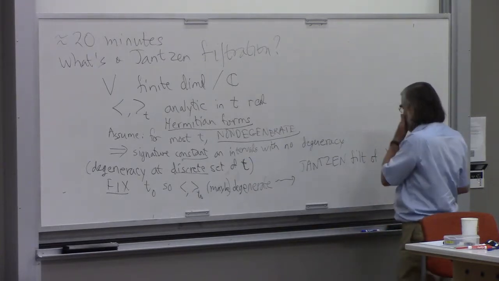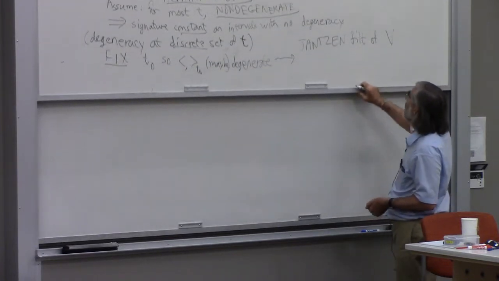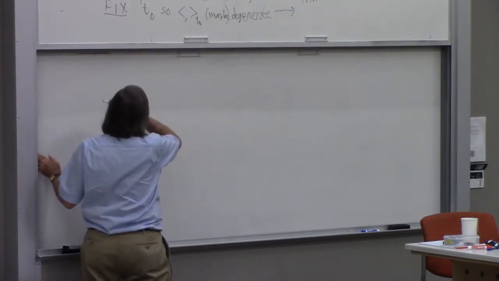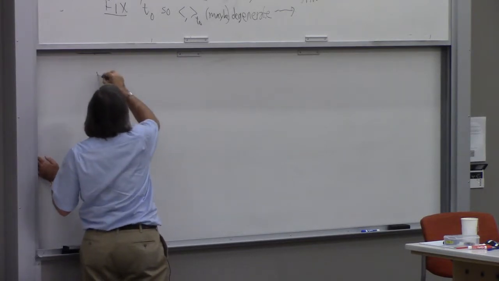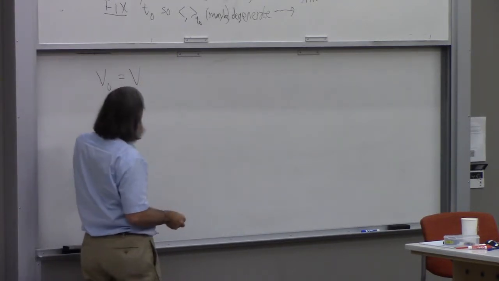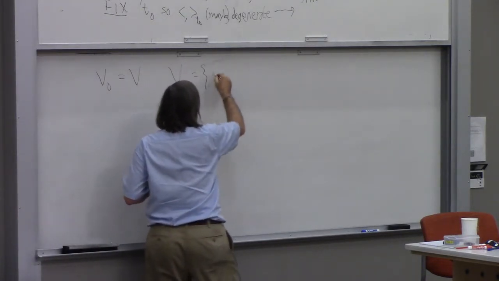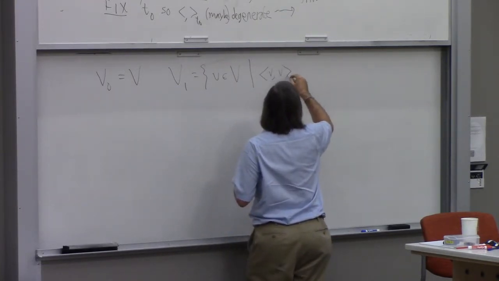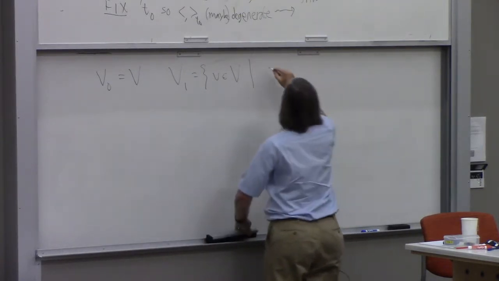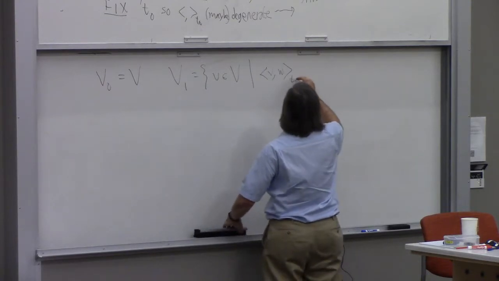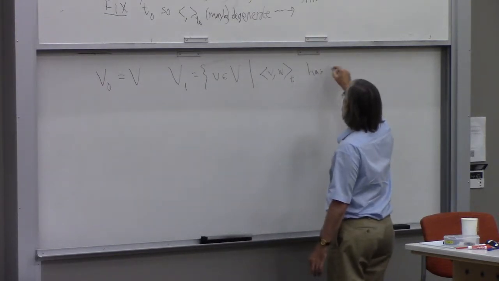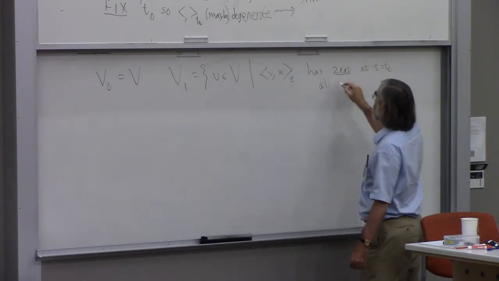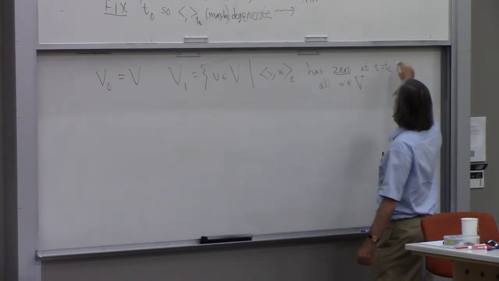Well, it's a filtration on V, and what the definition is, V0 is all of V. V1 is the set of v in V such that the form of v with w at T has a zero at T equals T0 for all w in V.